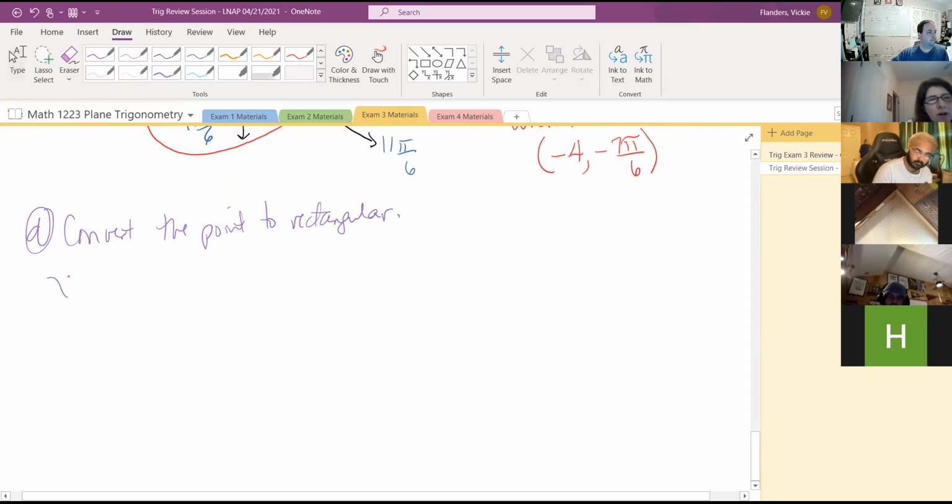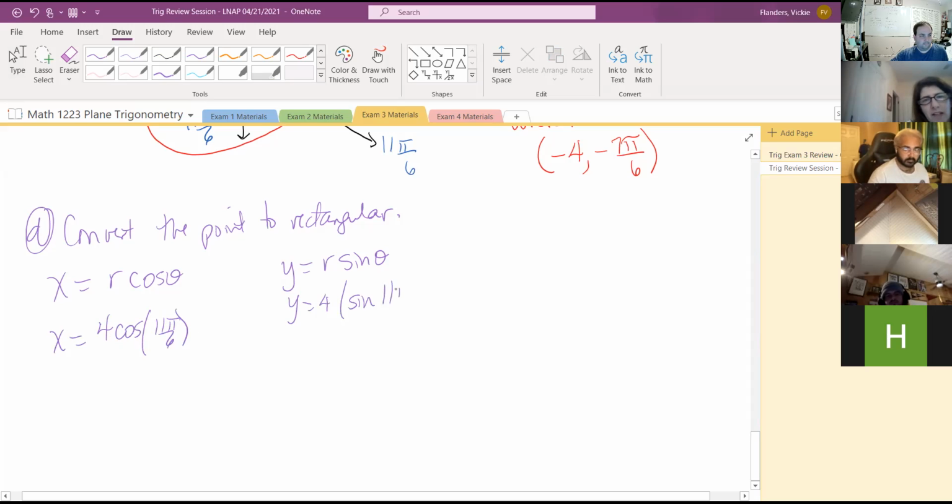Okay. Well, X is R cosine theta. You should know these formulas from the very beginning of trigonometry, right? X over R is cosine theta, Y over R is sine theta. So just a little rearranging in this equation, and I get X is 4 cosine of 11 pi over 6. Y is 4 times sine 11 pi over 6.